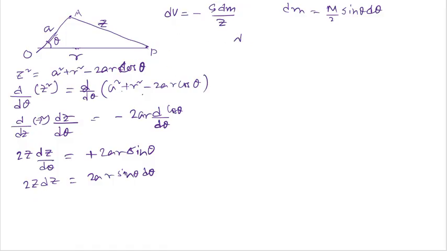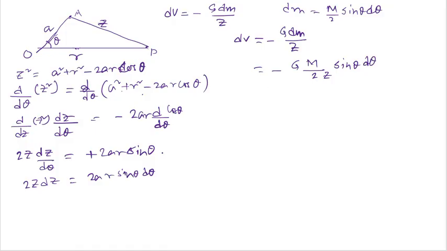The small potential due to that ring is minus G dm by z, correct. The ring mass is dm. So now I replace dm here: dm is nothing but m by 2 sin theta d theta, so minus G m by 2, sin theta d theta by z.